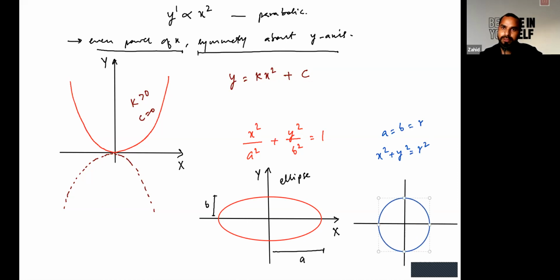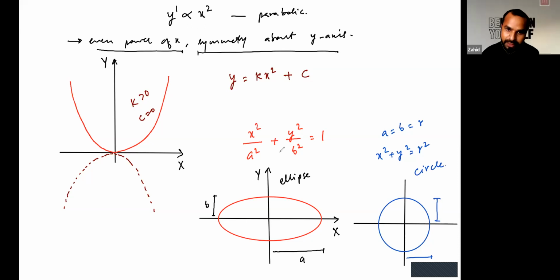What do we call this geometrical figure, in which both of its coordinates, whether x coordinate or y coordinate, are equal? What do we call it? Just circle. Is it clear to everyone? Yes, sir.